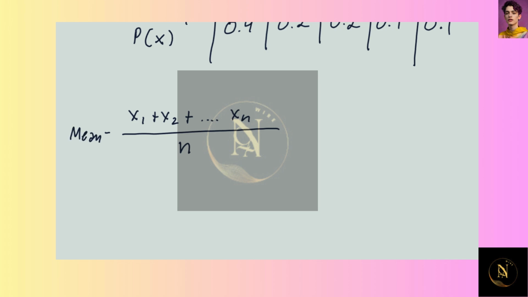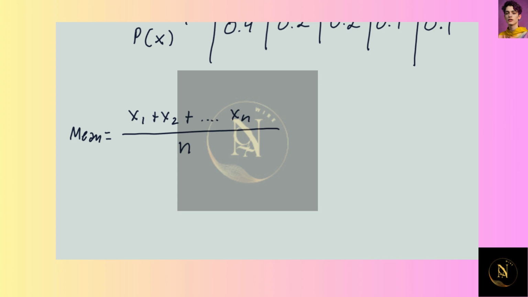Or if you have a TI-84 calculator, you just click on stats and edit, and before you write down anything, clear out whatever numbers you have and add in your points.